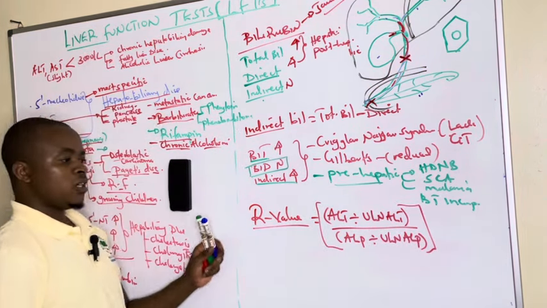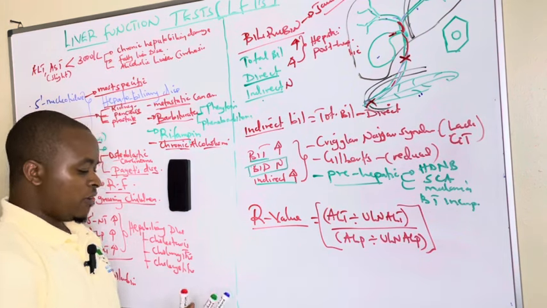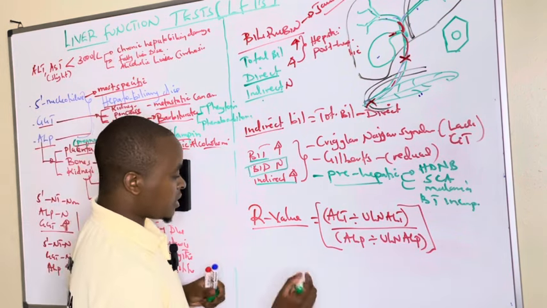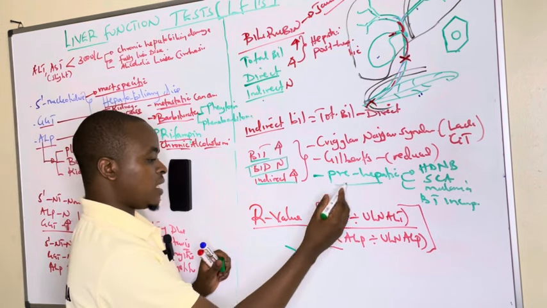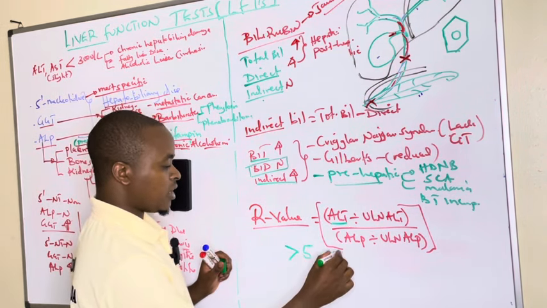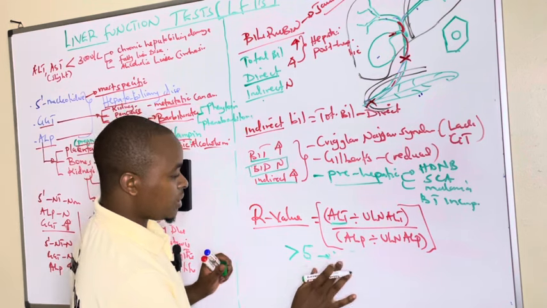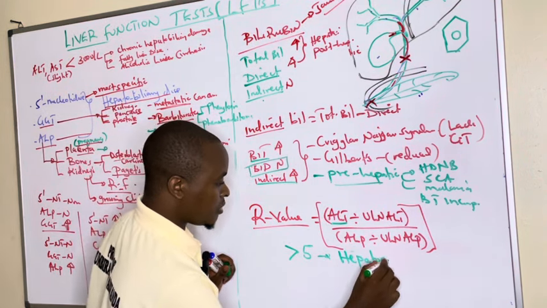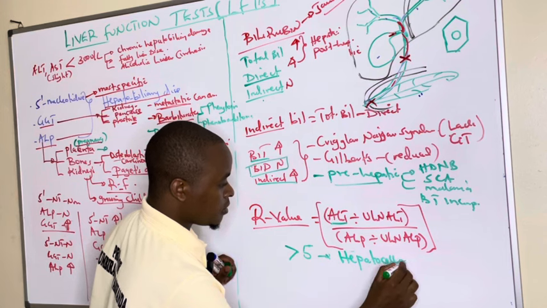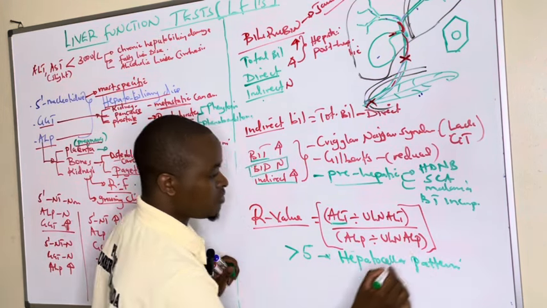So doctors can use this R value: whenever you find the R value is greater than 5, meaning ALT is higher, this is seen in viral hepatitis, in a hepatic pattern, a hepatocellular pattern, anything that causes hepatocellular damage.